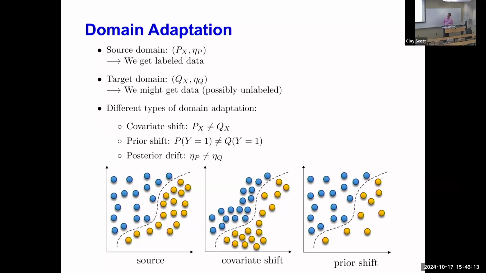So the terminology that's used is you have your source domain. So that's some joint distribution on X and Y, and that's defined in terms of the marginal distribution Px and the posterior. And then you've got a target domain with another joint distribution. So the idea is you have labeled data from the source domain, but your test data is going to come from the target domain.